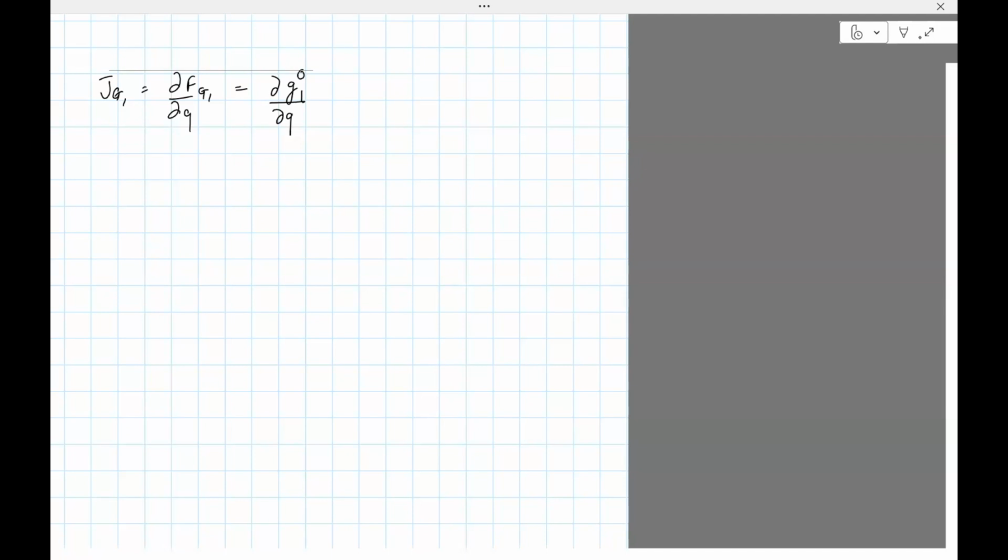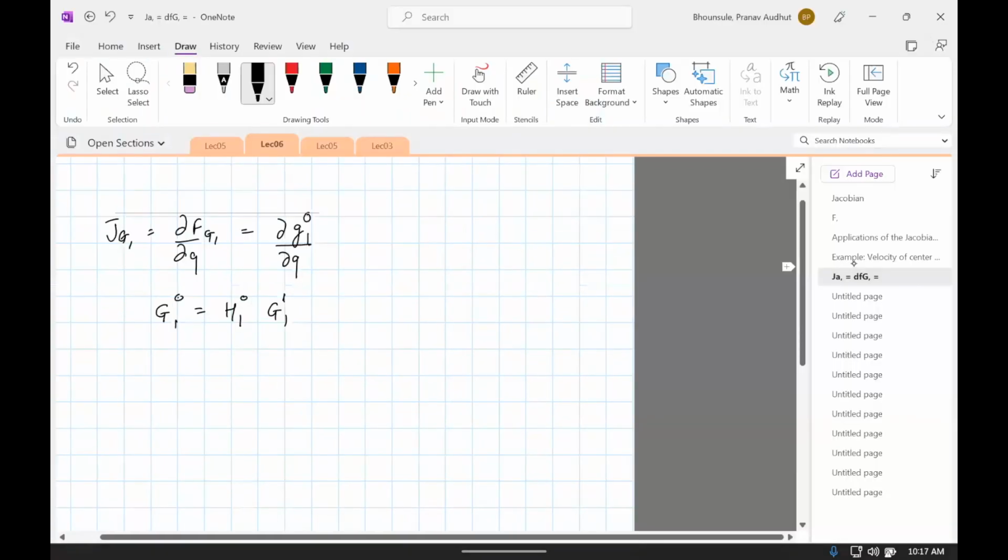So I'm going to write the formula for g using the homogeneous matrix notation. So g1 in frame 0 is H10 times g1 in frame 1. If that's confusing, let me get that figure here.